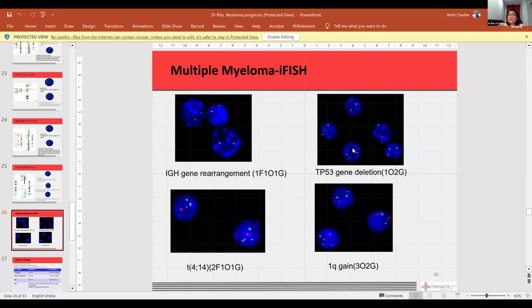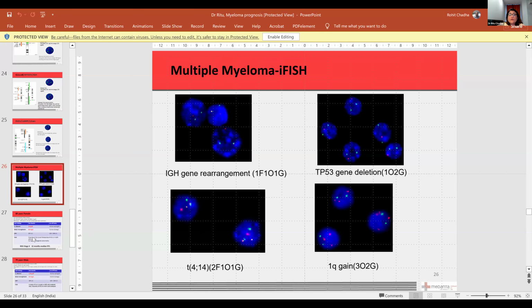TP53 deletion, so there is loss of one signal, and here there are two fusions, one red, one green. So this shows us that there is a translocation which has happened in 4;14. And this one shows extra red or orange signal, which is the 1q gain.